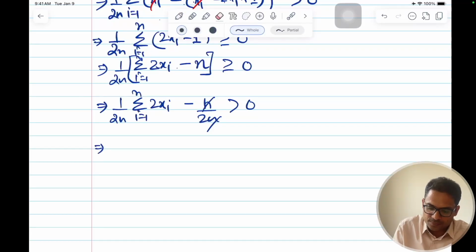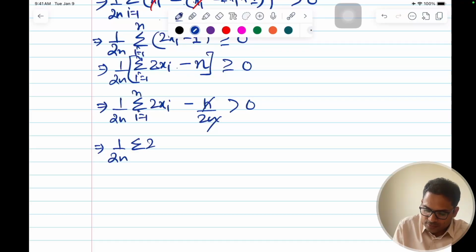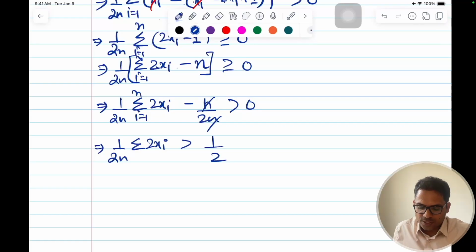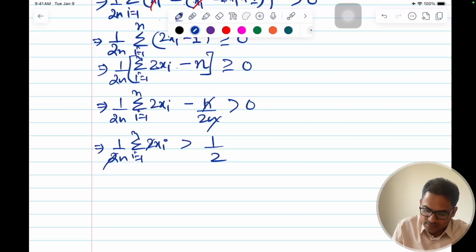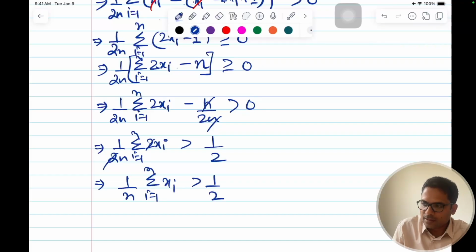So I have just opened the bracket: sigma 1 by 2n, 2xi is greater than 1 by 2. This 2 and 2 will cancel out. This implies 1 by n sigma i equal to 1 to n xi is greater than half.